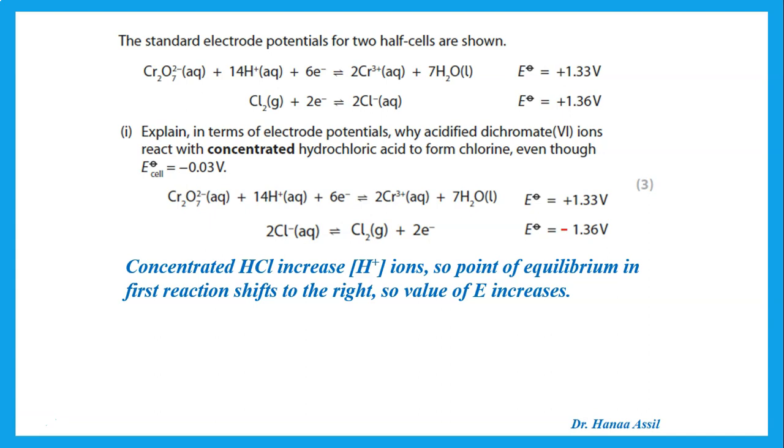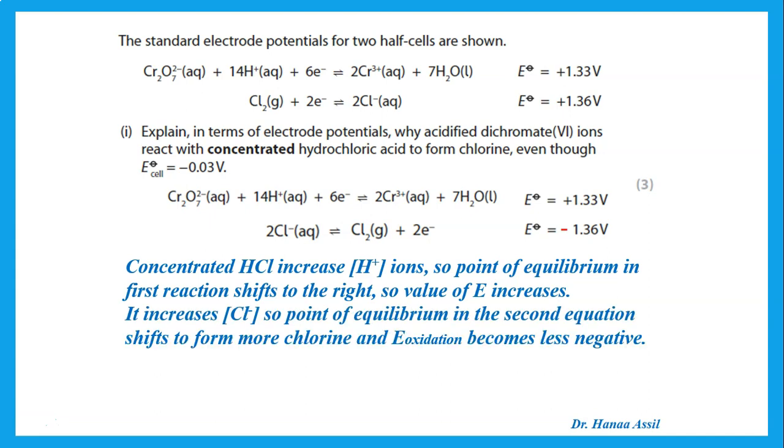Now the chloride to chlorine, we're adding concentrated HCl, so the concentration of the chloride ions would also increase. This will shift the point of equilibrium in that second equation to form more chlorine, and that means the E value for that equation will be less negative.